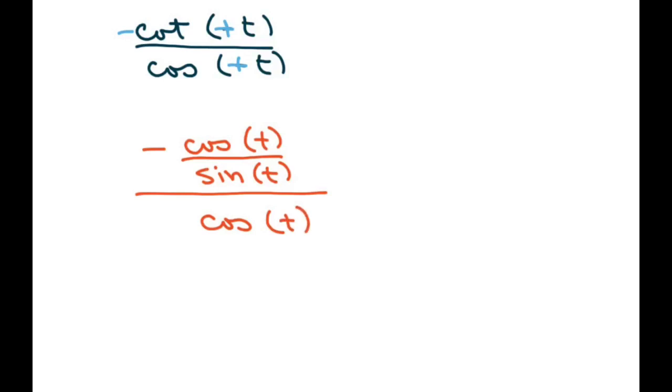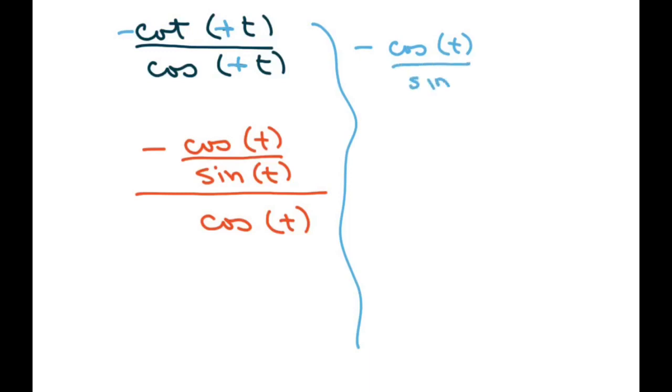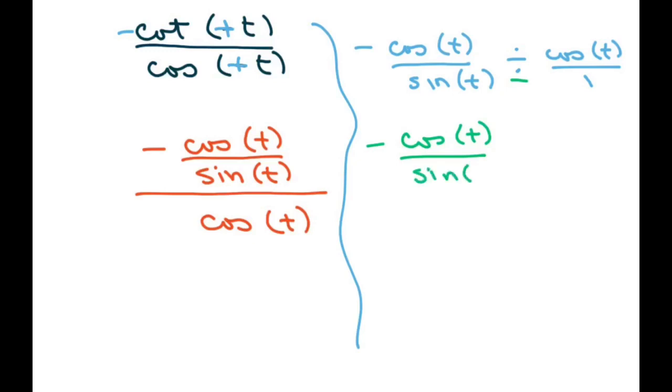Now, if you recall, I'm going to write this as you would in grade school. We're going to write it as negative cosine of t over sine of t divided by cosine of t. You can put that over 1 if you want. Now remember in elementary school, when you have this division going, we're keeping the first part, change, and flip.